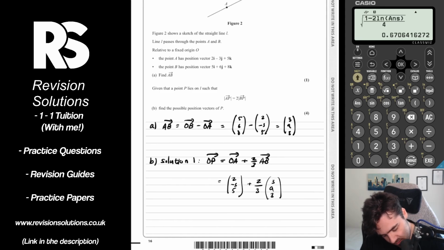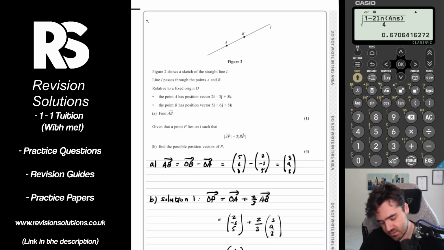Simplifying that, 2/3 of 3 is 2, so it would be 2 plus 2, that's 4. 2/3 of 9 is 6, minus 3 plus 6 is a 3. 2/3 of 3 is another 2, 5 plus 2 is 7. That's one solution, (4, 3, 7).